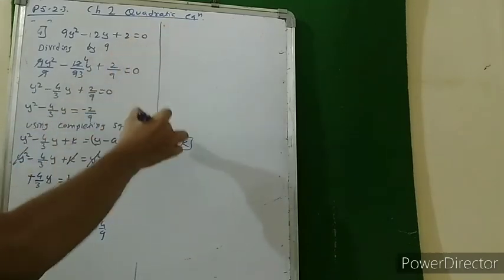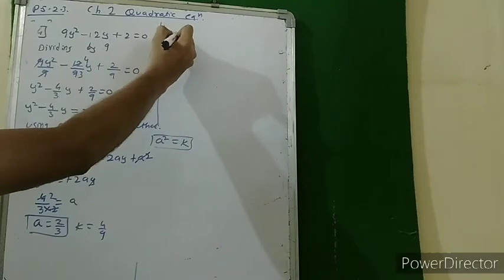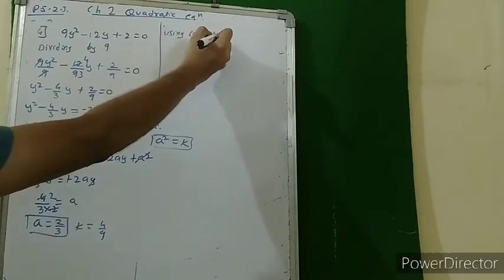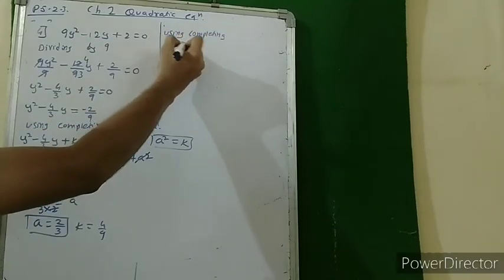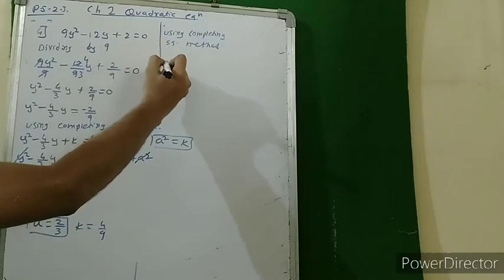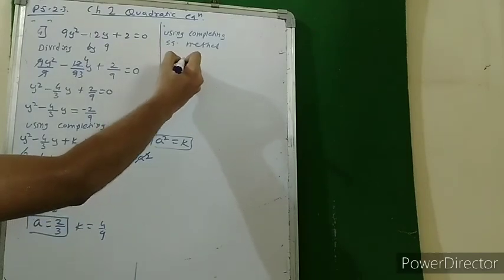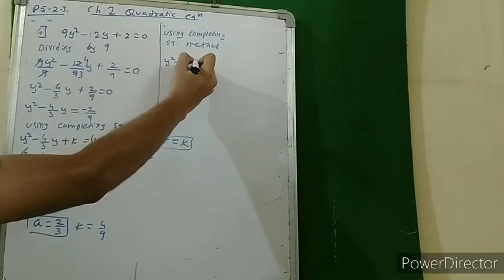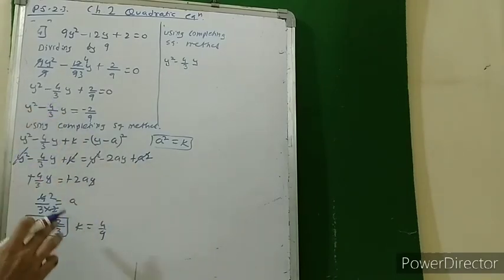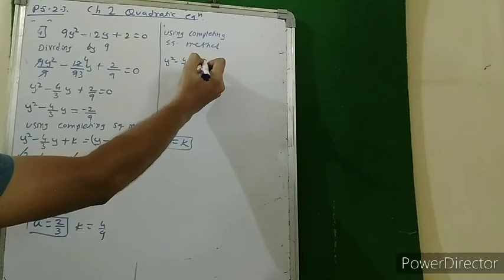Now using the completing square method, I will have y square minus 4 upon 3y plus 4 upon 9.